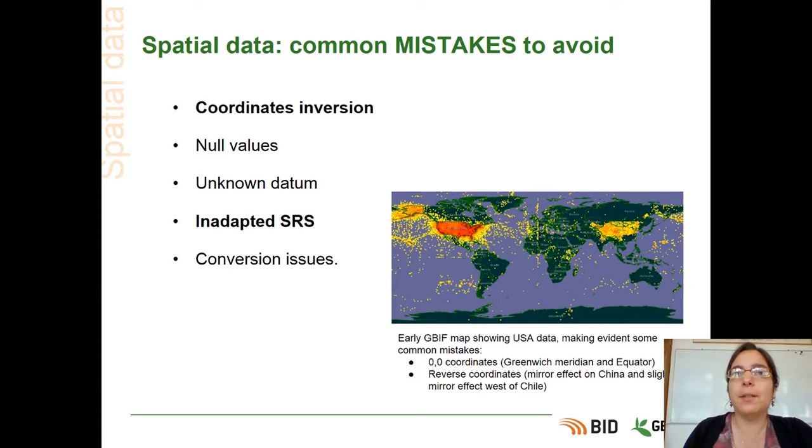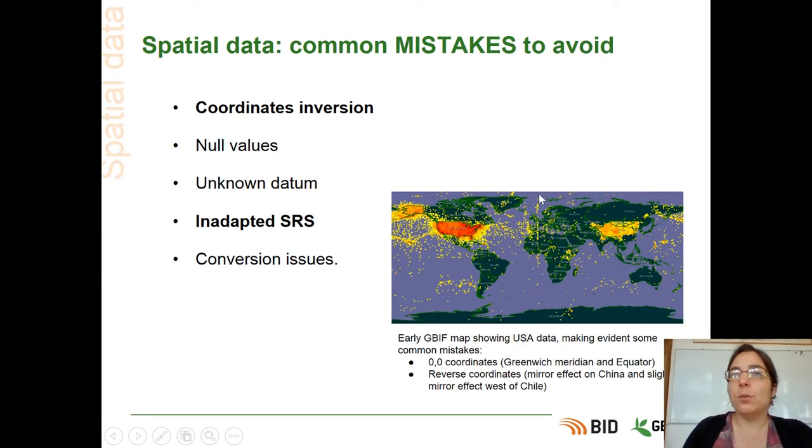Here you can see that on the United States, you have a lot of data, but you can see a mirror effect on China on the right of the map. This is due to a coordinate inversion. You can also spot other mistakes on this map.